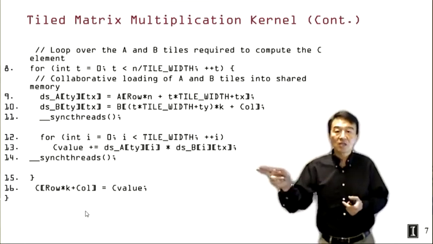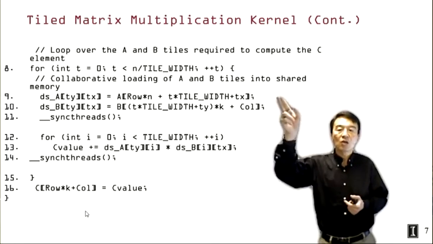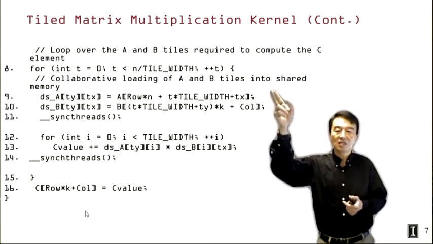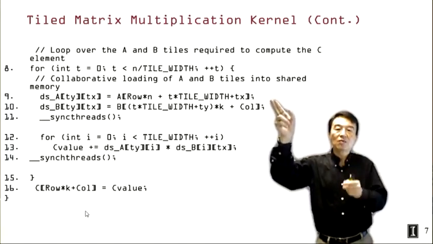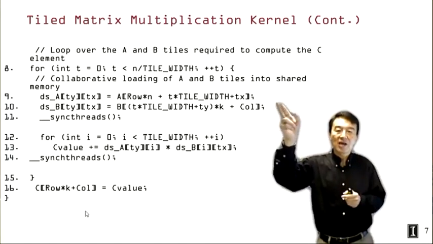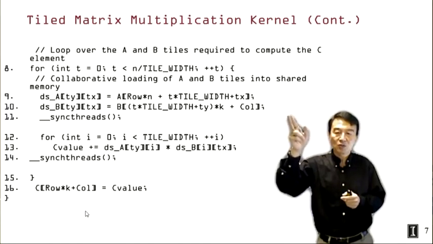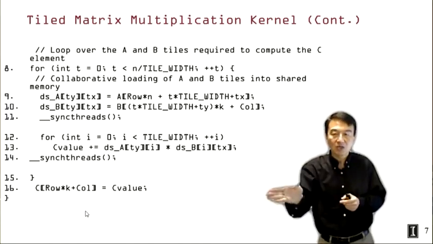So this brings us to the next iteration, where we will advance the t, which is the tile index, and then we will load the next batch of elements for those two tiles, and we will continue the process.